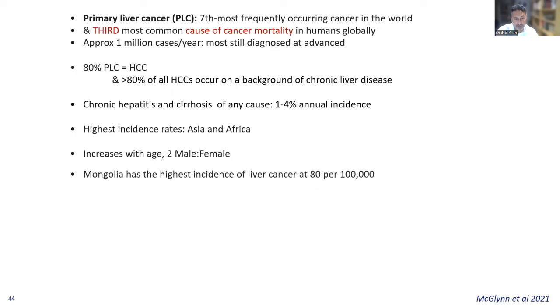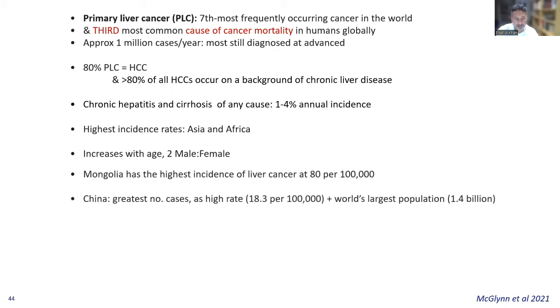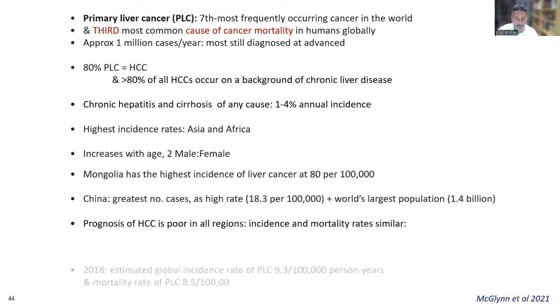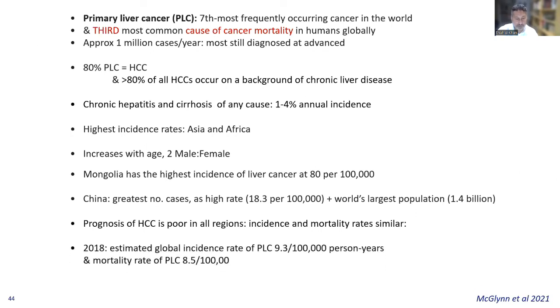Mongolia has the highest incidence, although China has the highest number of cases because it has the world's largest population. And wherever you look globally, Europe, China, Mongolia, Asia, Australasia, the prognosis of HCC is overall poor, with similar incidence and mortality rates.